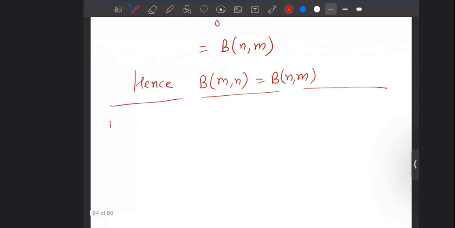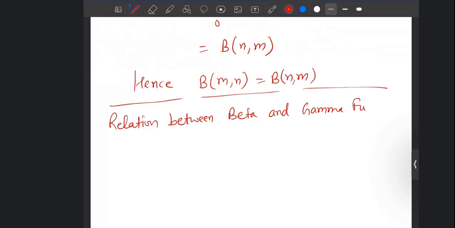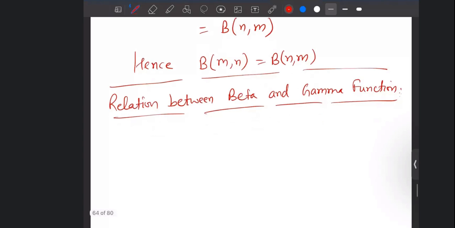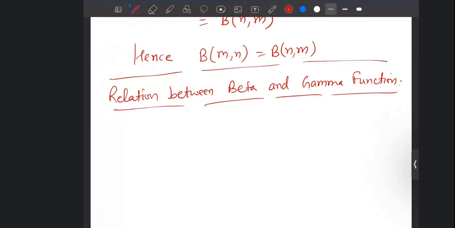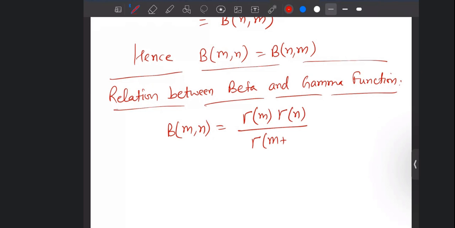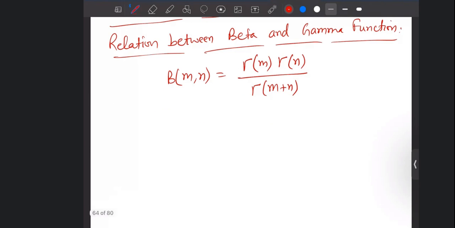The relation, which is to be proved, is beta m, n is equal to gamma of m into gamma of n divided by gamma of m plus n.